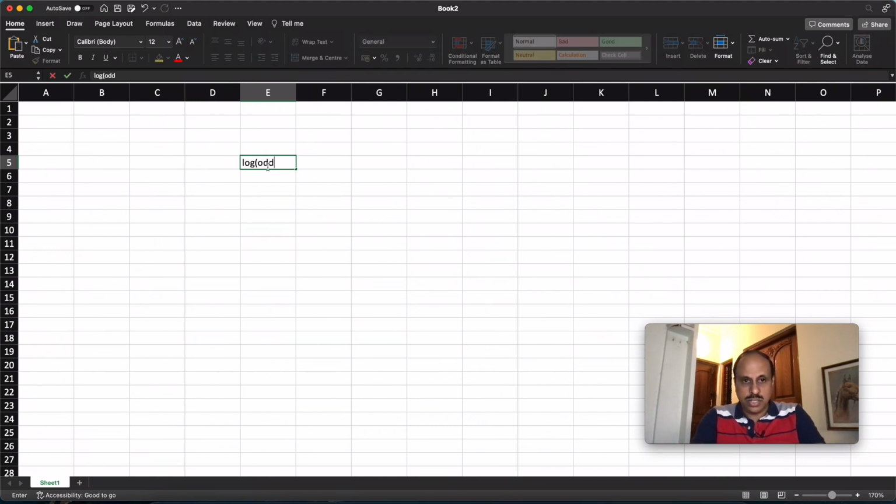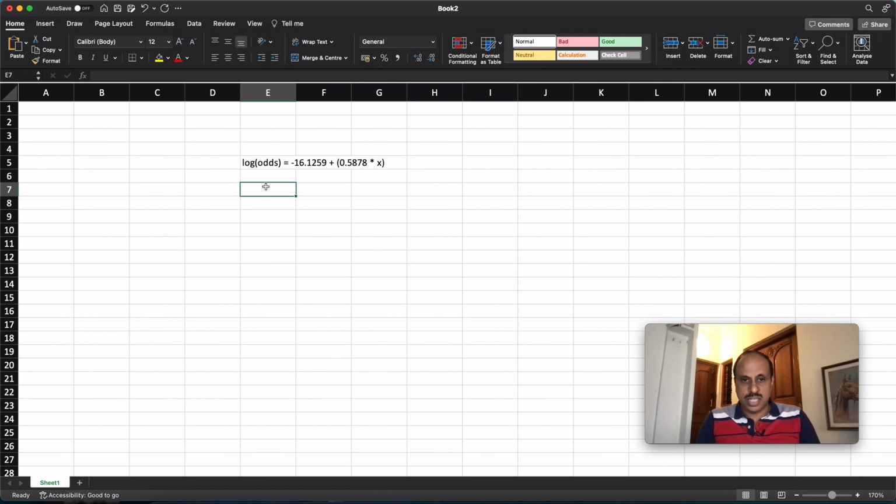Log of odds, so I can represent it like this, is equal to, let us just say, I'm going to create some coefficients here, minus 16.1259 plus, let us just say, 0.5878 times x. This is your log odds representation of a logistic regression model with one variable x.